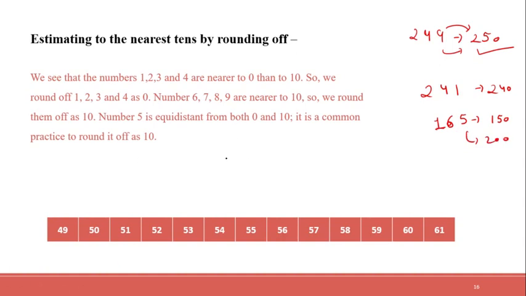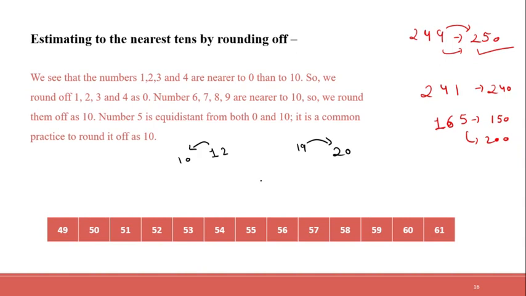So when we want to round off the number, if it is written here 12, then we will round it off to 10. If it is written here 19, we'll round it off to 20.